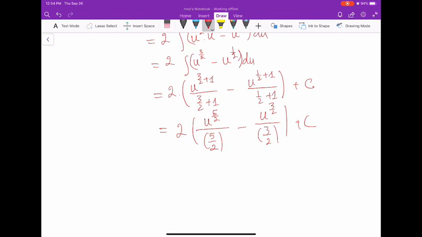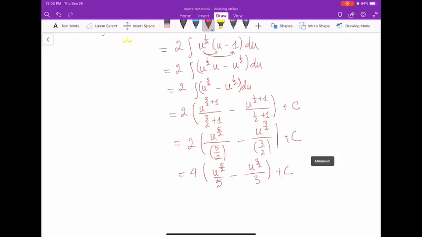Dividing by 5/2 means multiplying by 2/5. So basically I have 4 times u to the 5/2 over 5, and then minus u to the 3/2 over 3, plus c.